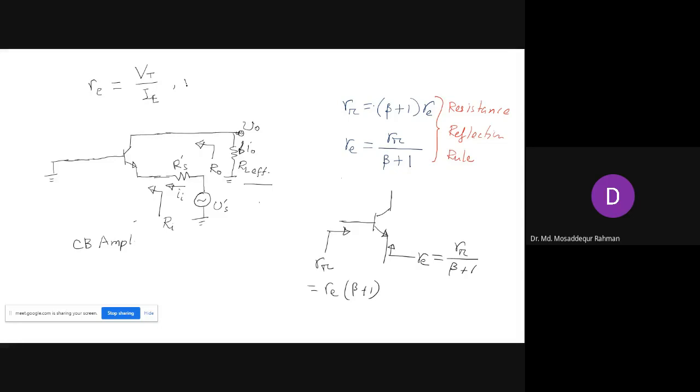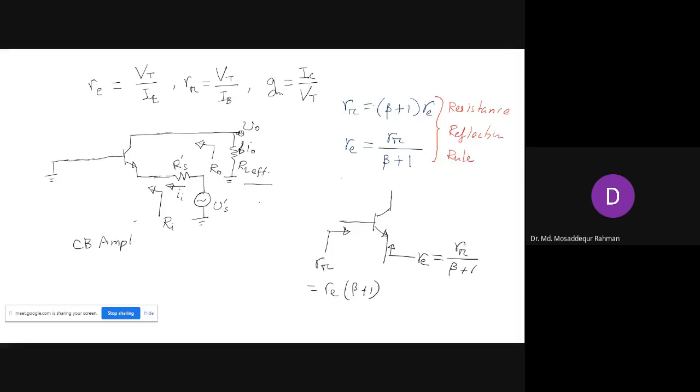Similarly, R pi is given by VT, which is the thermal voltage, divided by the base current IB. The Gm, which is called the transconductance, is given by IC, the collector current, divided by VT.